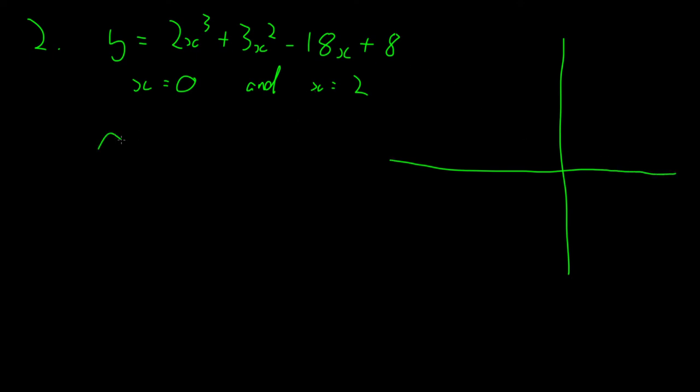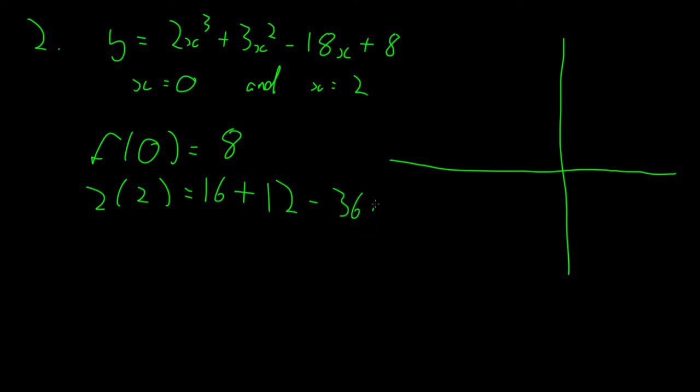So let's first evaluate this function at 0. As we can see, if we make all the x's 0, these all just cancel out, so it'll be just equal to 8. And if we put in 2, it'll be equal to 2 cubed, which is 8 times 2, 16, plus 3 times 4, so plus 12, minus 36, plus 8.